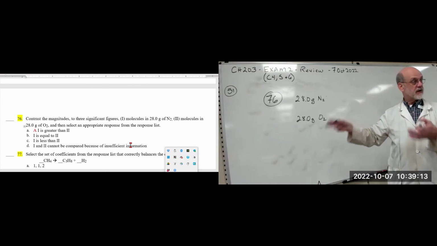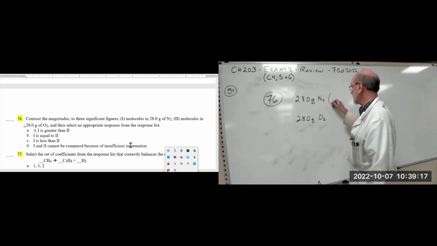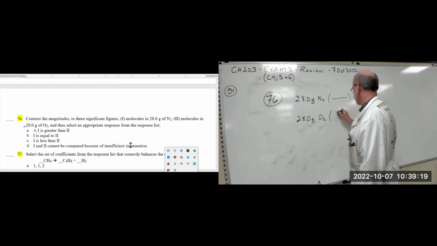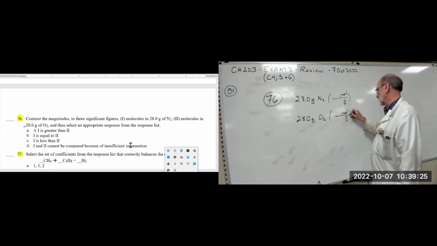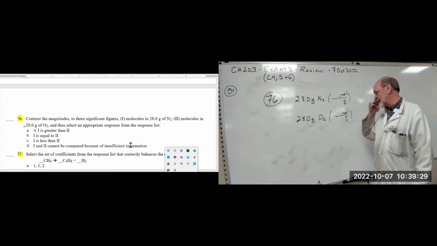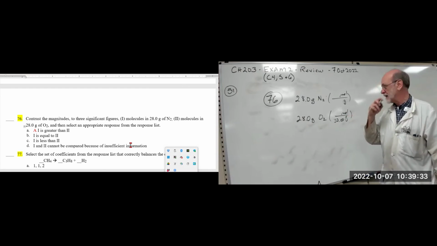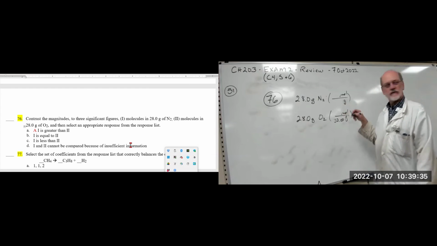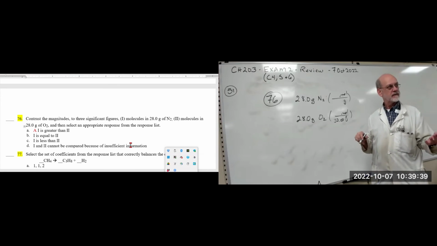We're going from mass to numbers, so mass to moles is a logical approach. So we would need to get rid of the grams and leave us with moles, right? So oxygen is 2 times 16, yeah, 32. And nitrogen is 14.01 times 2 is 28.02, right?